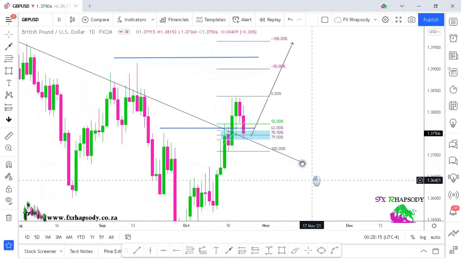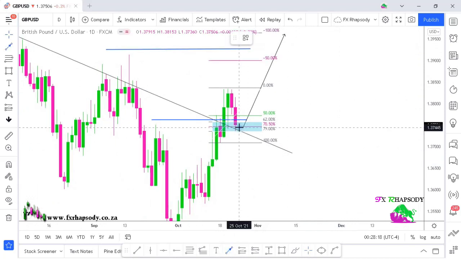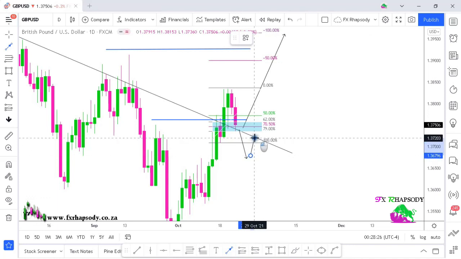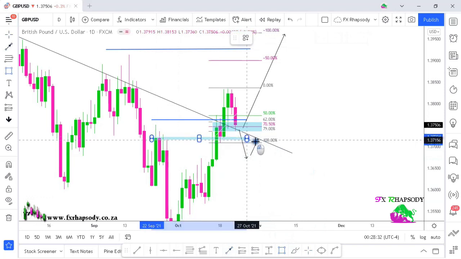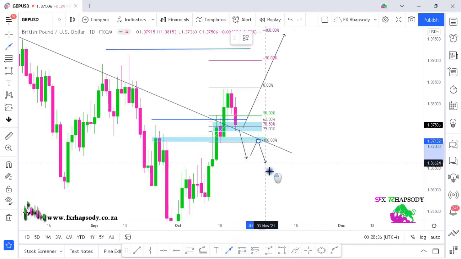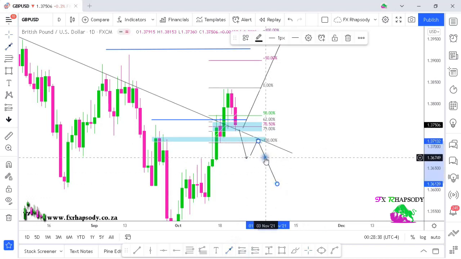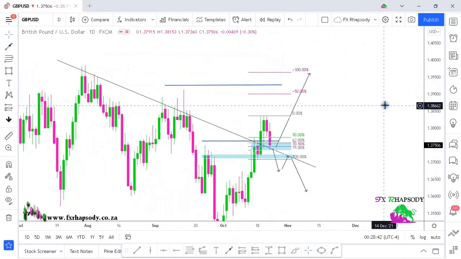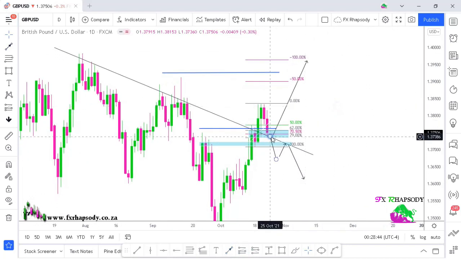Let's first see what price does in the first couple of days next week. Will it break this trend line and then retest it again? The retest will then be this key area over here, and then we're going to look for any sell possibilities. Okay, so that's the two scenarios that we're going to look at for this coming week on this pair.